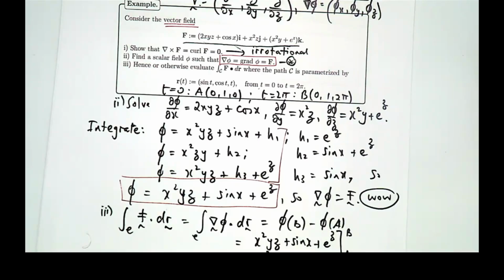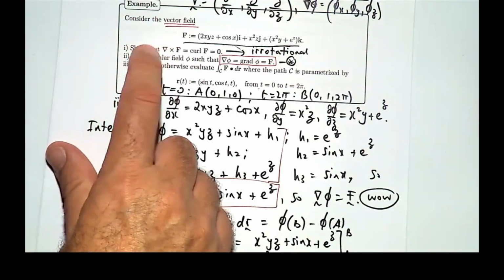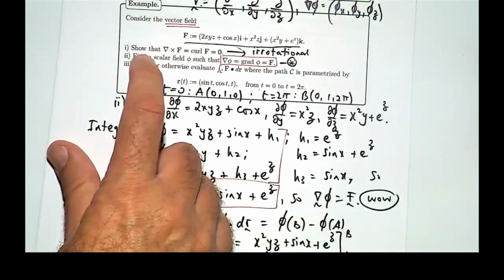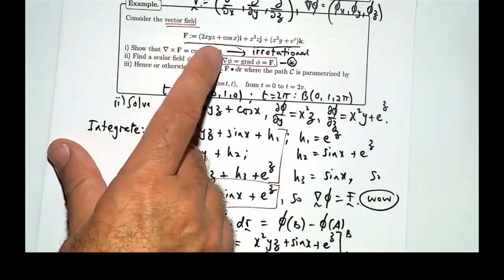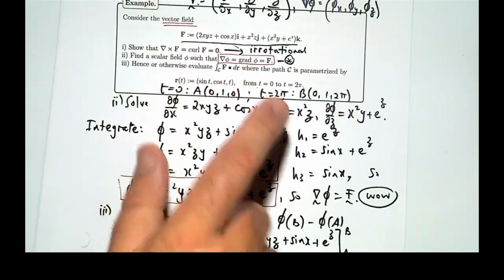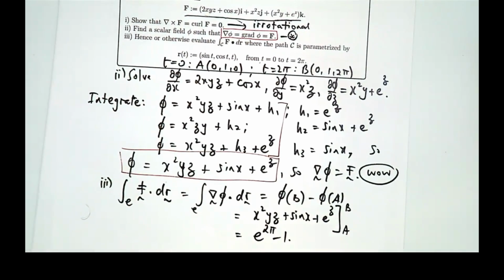You can always find a phi such that grad phi equals the vector field. So the first thing is a sufficient test. The second thing, if I do that, then I can apply this fundamental theorem or fundamental way of working. It's a good time saver.